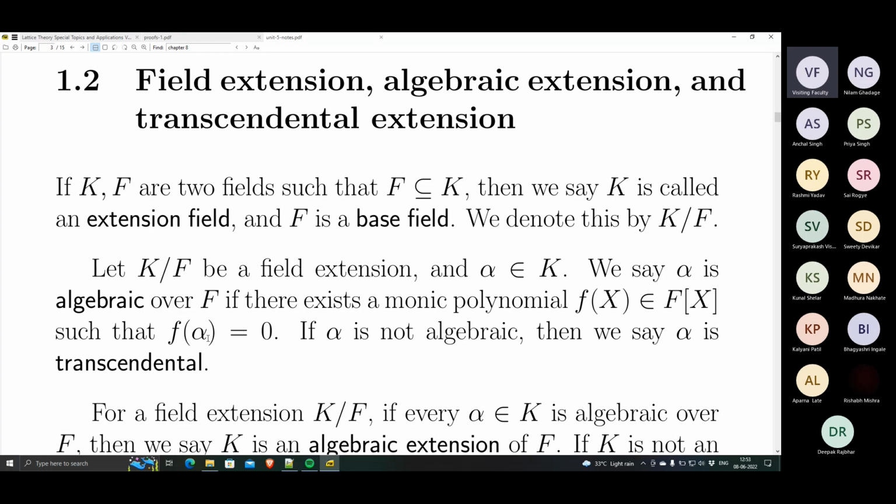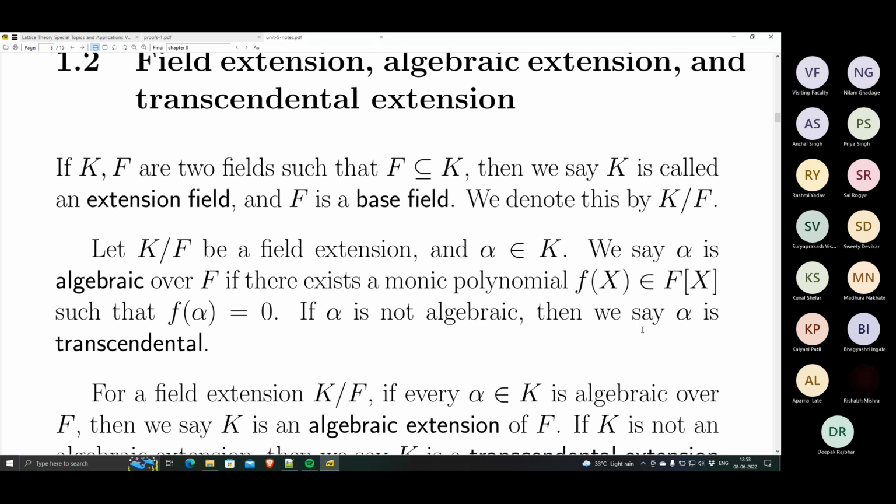And if no such polynomial exists, that is if alpha is not algebraic, then we say alpha is a transcendental element, transcendental over F. That is also important.